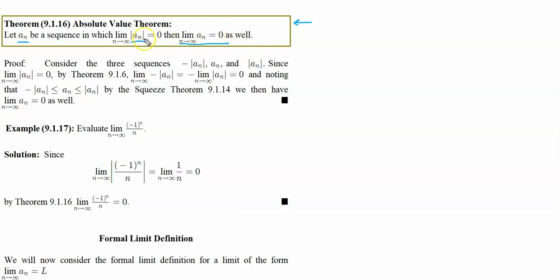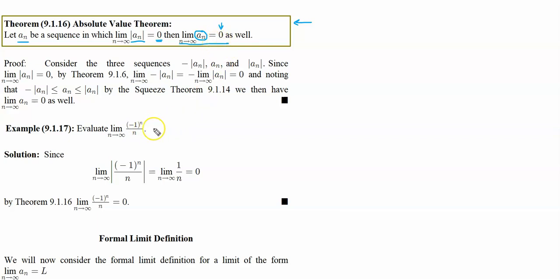That makes sense if you think about it for a bit. If the absolute value of your terms are getting closer and closer to 0, then if we take away the absolute values, these terms must also be getting closer and closer to 0. It's just that these might be getting closer and closer to 0 from the negative side, but they'll still be getting closer and closer to 0.